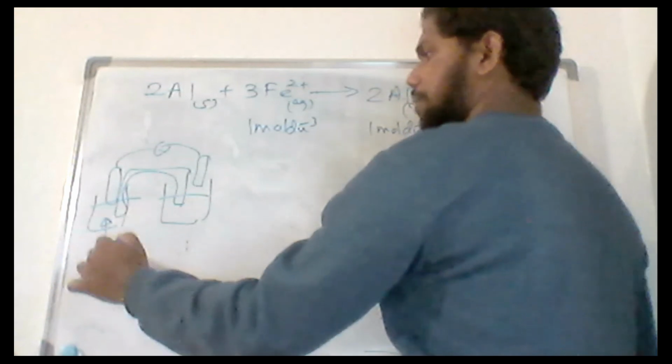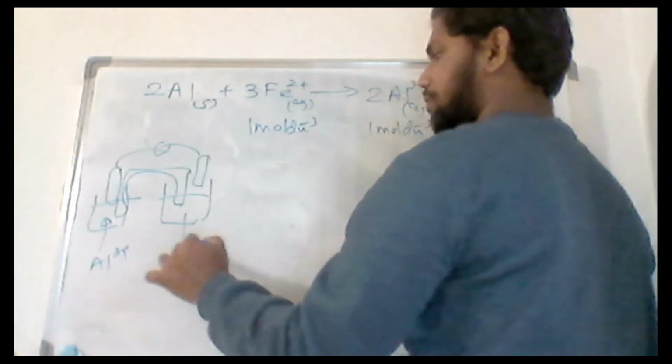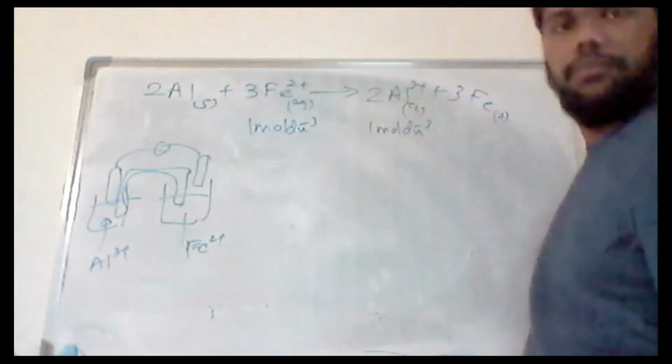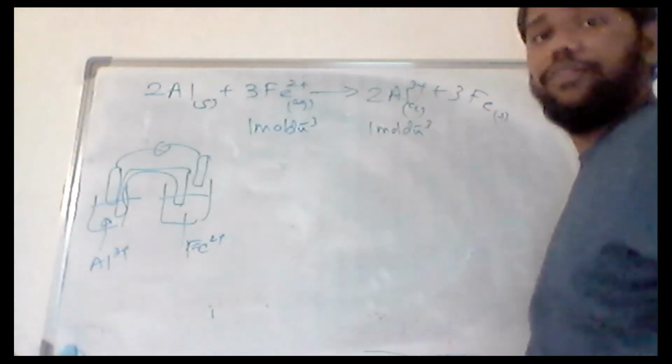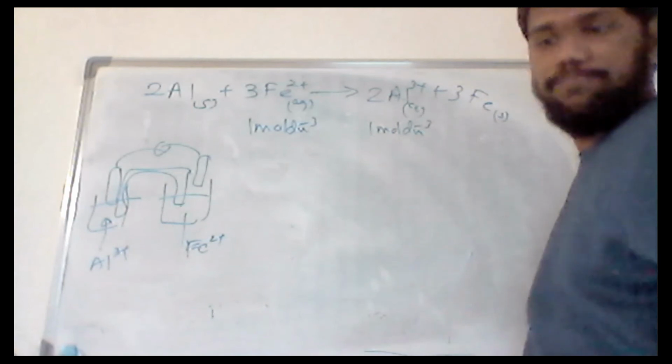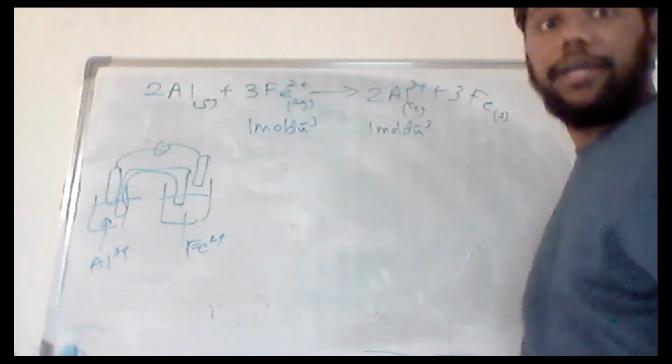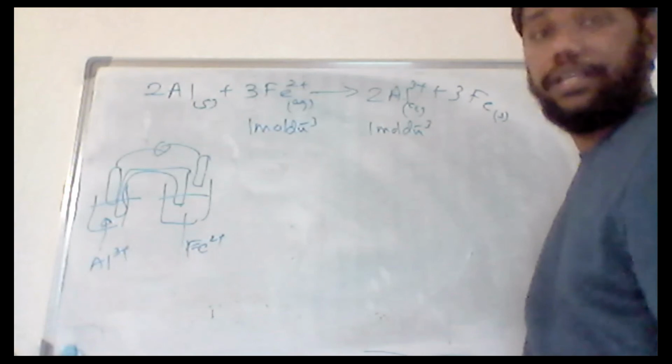So this is aluminium 3+, this is Fe2+. Both are 1, right?